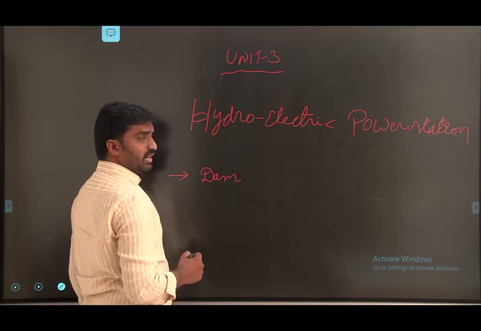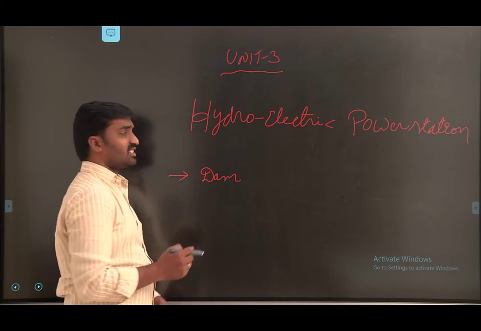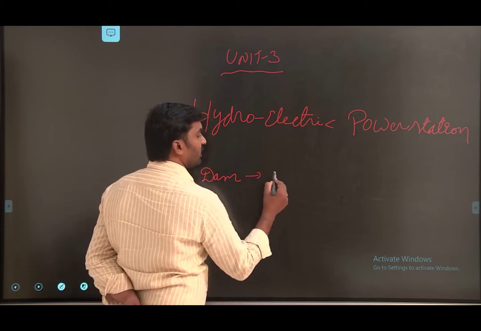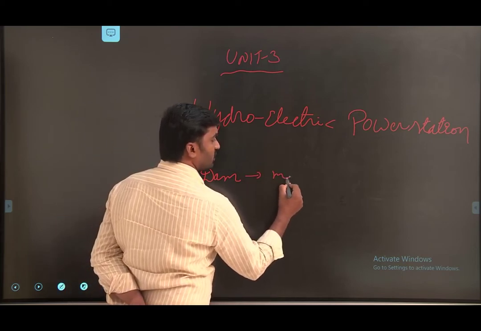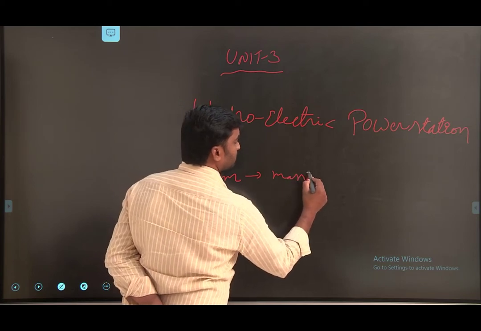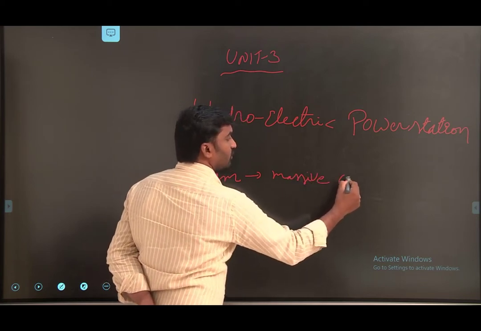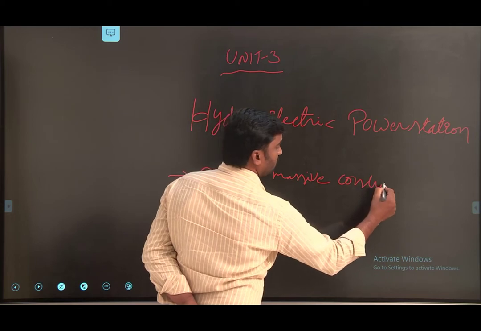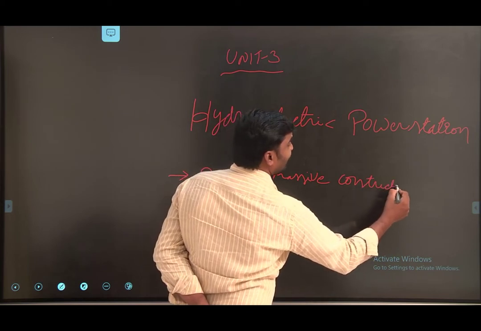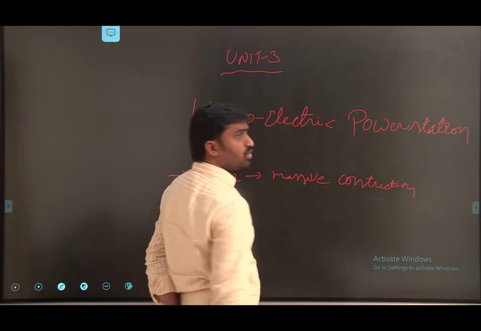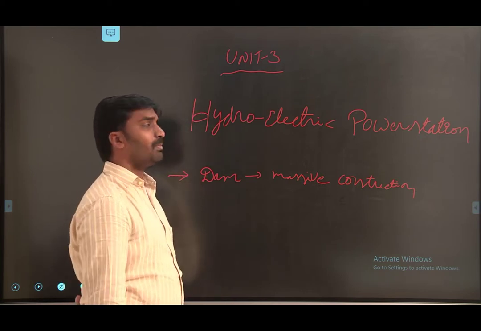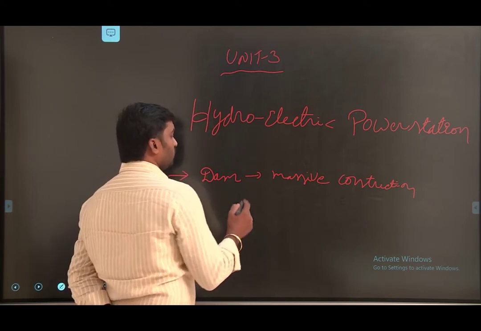So what is meant by a dam? A dam is a massive construction. What is the function of a dam? The dam is used to change the direction of water or store the water. We use the dam for both purposes.